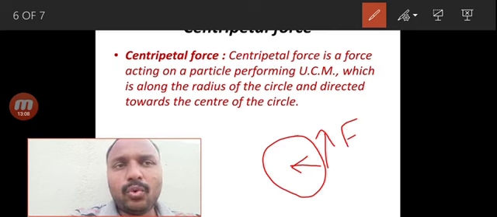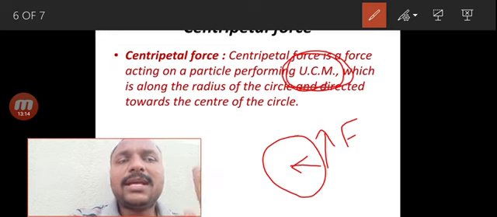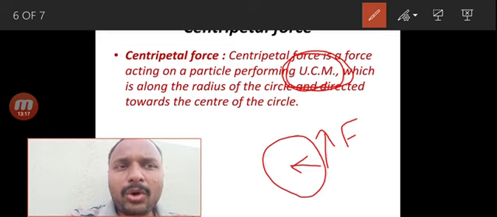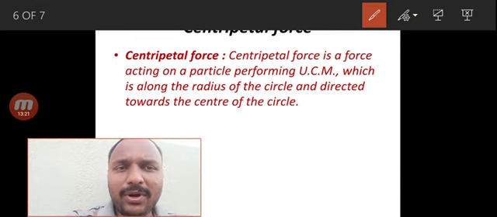Then to study the centripetal force, we only take the UCM, because in a UCM only one force is there, and this force is toward the center, therefore it is called a centripetal force. In that definition we say that the force along the radius toward the center, if the particle performs a UCM, is a centripetal force.